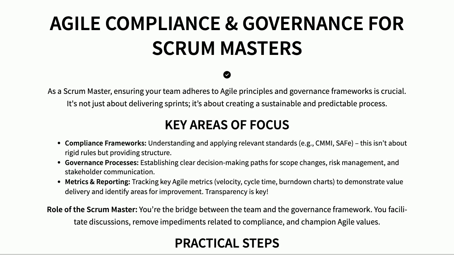Your role here is to be the connection between the team and those governance structures, making sure everyone's on the same page and addressing any roadblocks related to compliance. A little documentation goes a long way, and regular retrospectives are fantastic for finding areas where things could be improved. Always keep your stakeholders in the loop too.